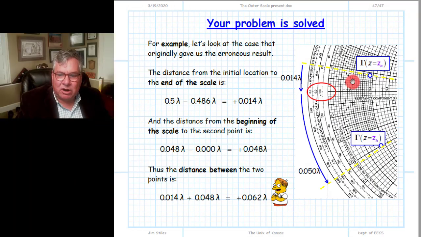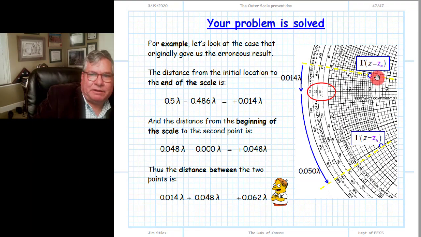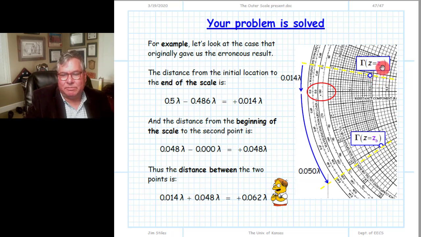So let's go back to our example. In our example, we have a reflection coefficient value at some location ZA on our transmission line, and we see the corresponding outer scale index, electrical length index, and that value is 0.486. We then move up the line a short distance, and we have a new reflection coefficient.